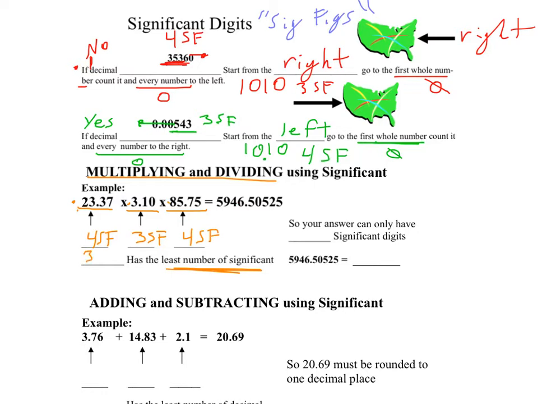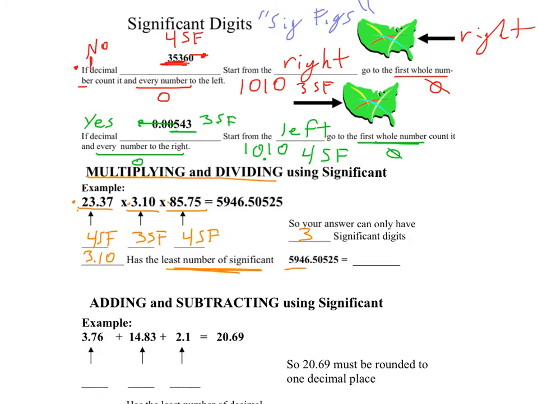Therefore, 3.10 has the least number of sig figs, having only 3 sig figs. Therefore, my answer can only have 3 sig figs. Your answer can only be as precise as your least precise calculation. So 3.10 having only 3 significant figures means my answer can only have 3 significant figures.